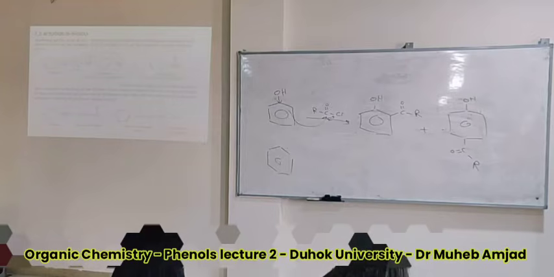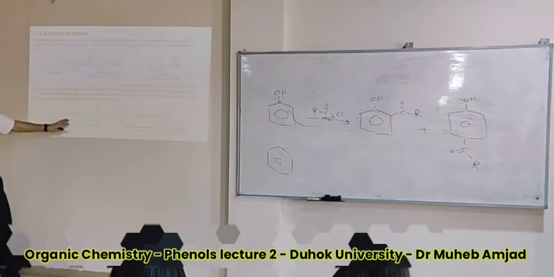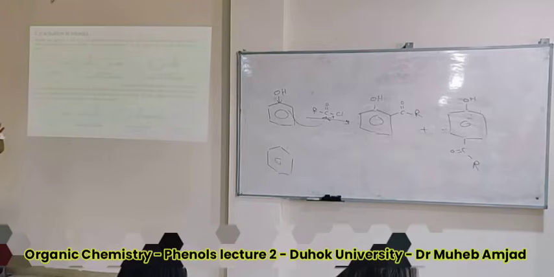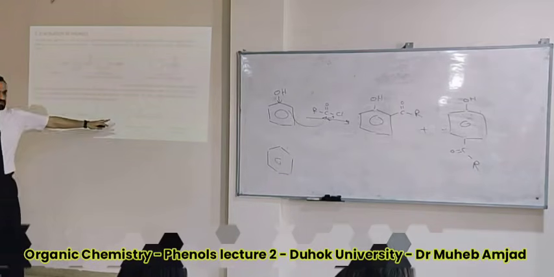So, for example, here, the condition of Friedel-Crafts reaction is treatment with acyl chloride or acid anhydride in the presence of what? Aluminium chloride as catalyst. If you use aluminium chloride as catalyst, the reaction will happen on the benzene ring. If you use it without catalyst, the reaction will happen on the oxygen, with the acyl chloride or the acid anhydride.